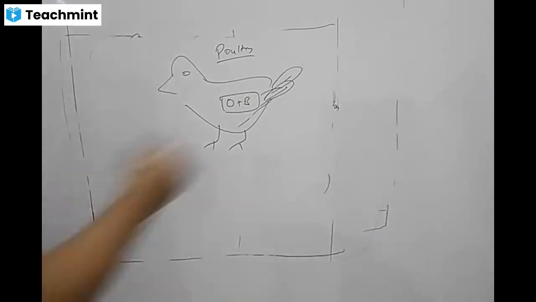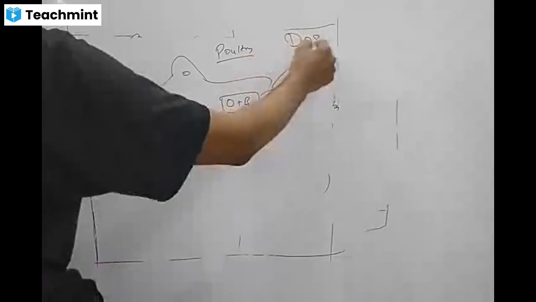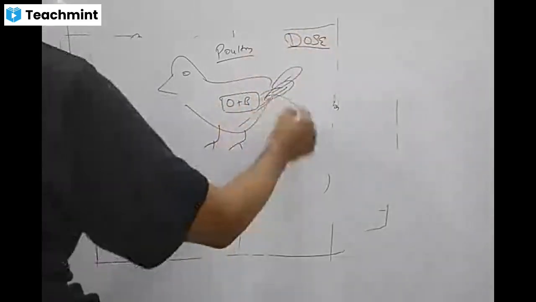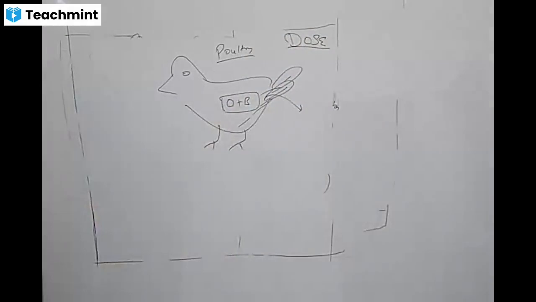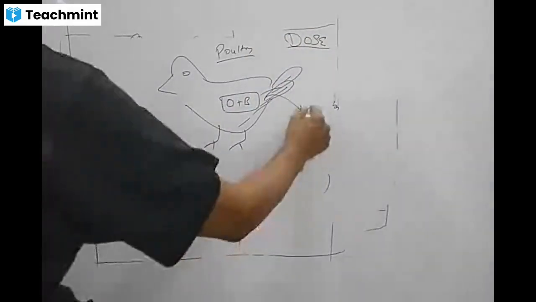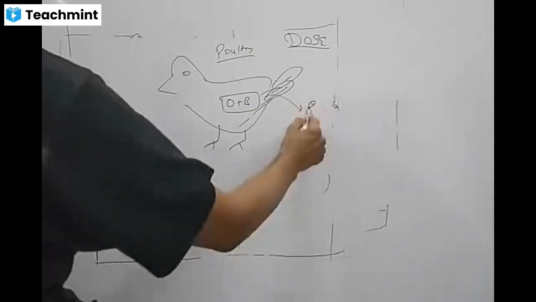Again, this fluke is also not a member of the DOSE family. So what kind of egg will come out? Unembryonated egg. The egg will be operculated and unembryonated.